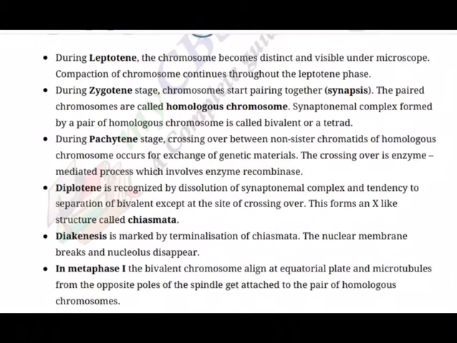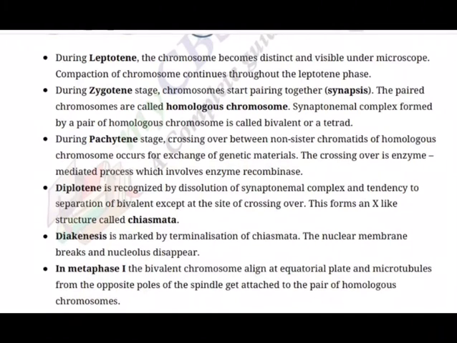And because of this crossing over, when they come back to their original state, there is exchange of portions of non-sister chromatids. As a result, when portions of non-sister chromatids get exchanged, automatically the genes also get exchanged. As a result, exchange of genetic material takes place, and exchange of genetic material leads to formation of variety.